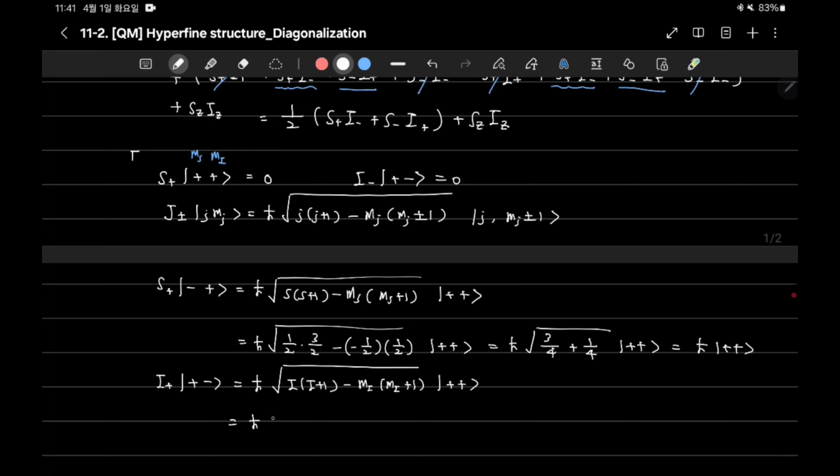Then h bar square root of 3/2 minus, here minus 1/2, and 1/2. Then it makes h bar plus plus.